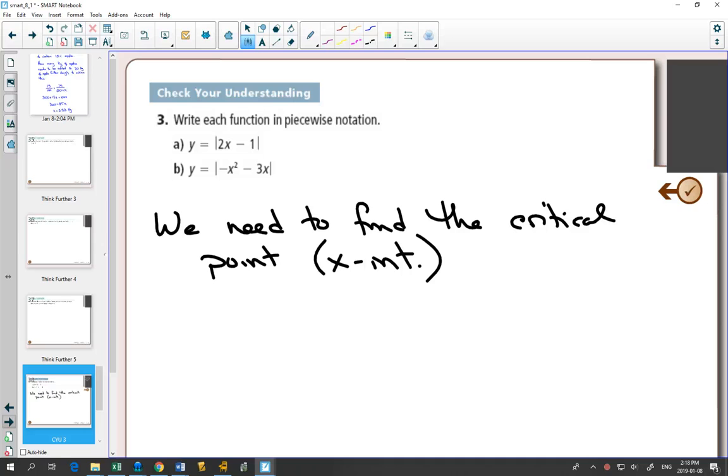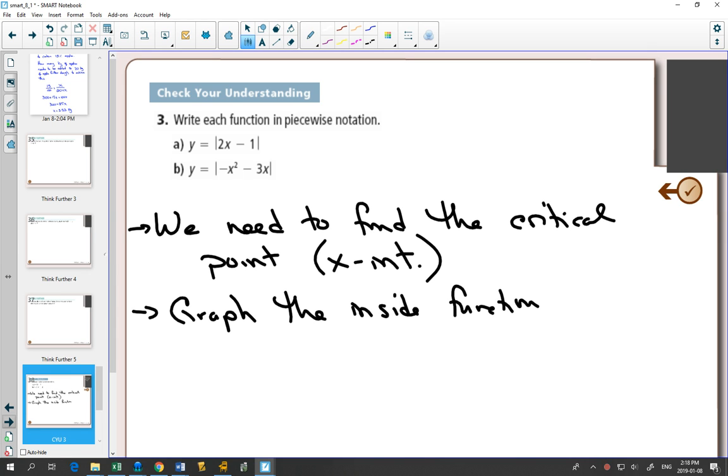We can do this by graphing the original function. So if I take 2x plus 1, I'll call it the inside function.